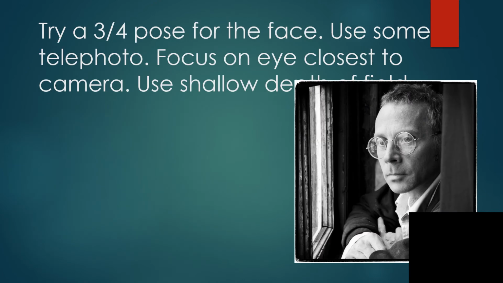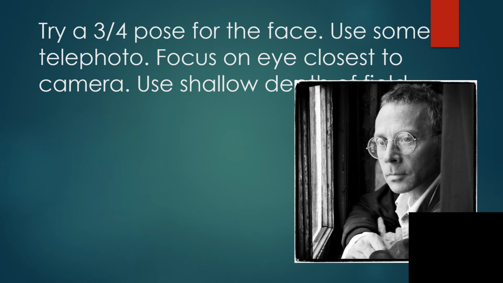If you have people looking straight at the camera or straight to the side, you have what's called a mug shot. You have a full face or you have a profile. A three-quarter pose is halfway in between. So the person is not looking straight into the camera.